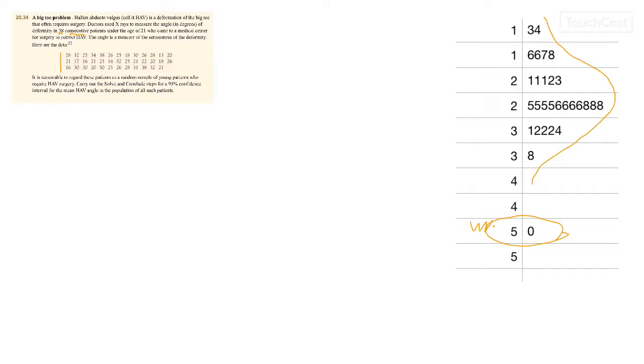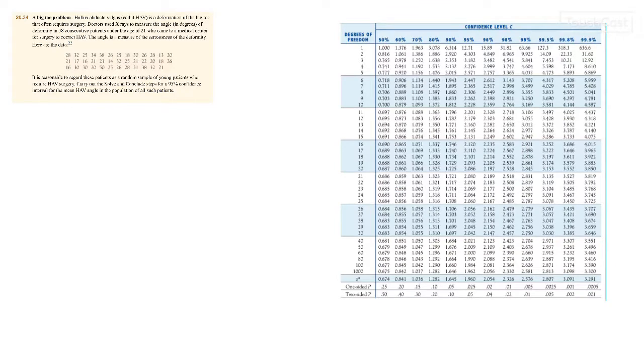Now we're going to look at this confidence interval. I'm given certain pieces of data: the sample size n is 38, that this is a random sample, the confidence level I'm shooting for, and the data.